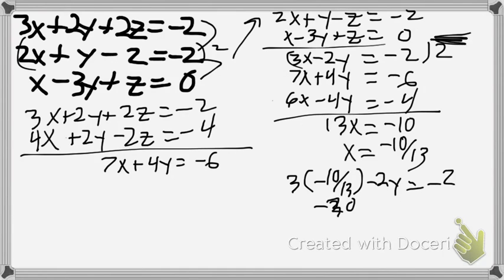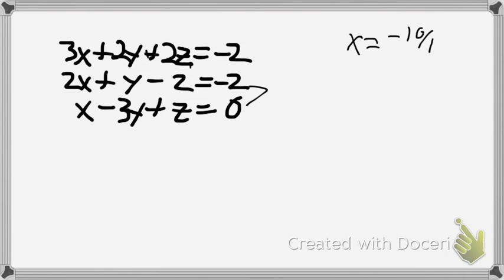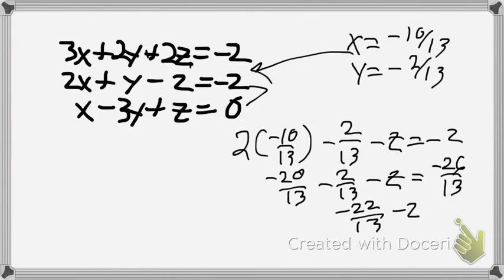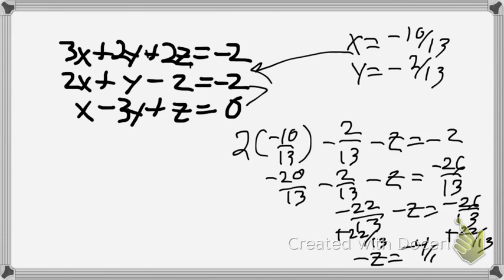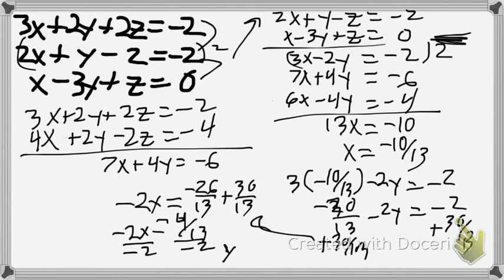We multiply negative 3 by 13, add 30 thirteenths to both sides. We get negative 2y equals negative 26 over 13 plus 30 over 13, negative 2y equals negative 4 over 13. Divide both sides by negative 2, and we get y equals negative 2 thirteenths.